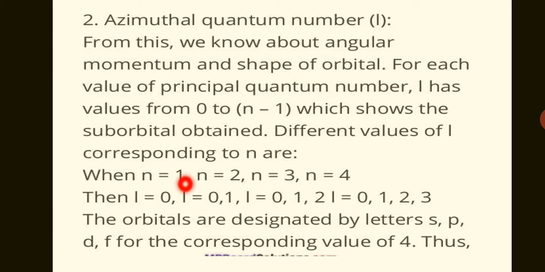The different values of l corresponding to n are: when n is equal to 1, then l is equal to 0. When n is equal to 2, then l is equal to 0 and 1. And when n is equal to 3, then l is equal to 0, 1 and 2. And when n is equal to 4, then l is equal to 0, 1, 2, 3.